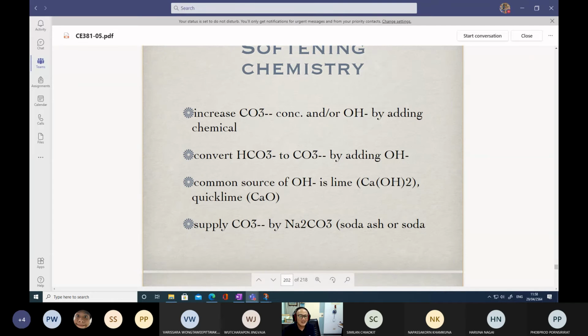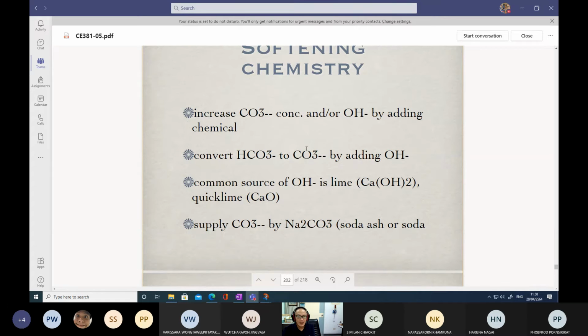So we need to increase the concentrations of these two ions by adding chemicals, and then we convert bicarbonate to carbonate by adding the hydroxides, because these hydroxides will raise the pH to be above 10.